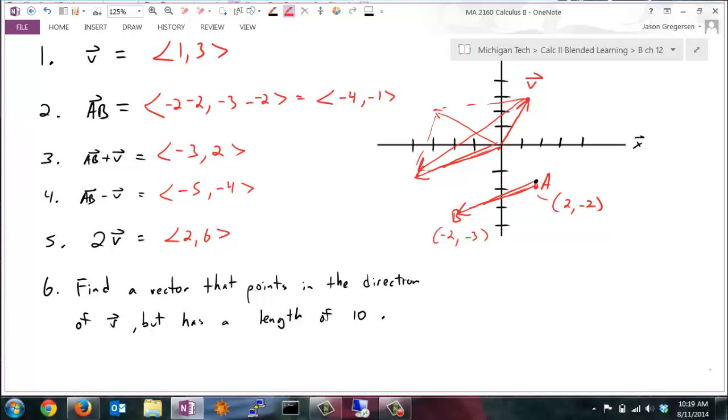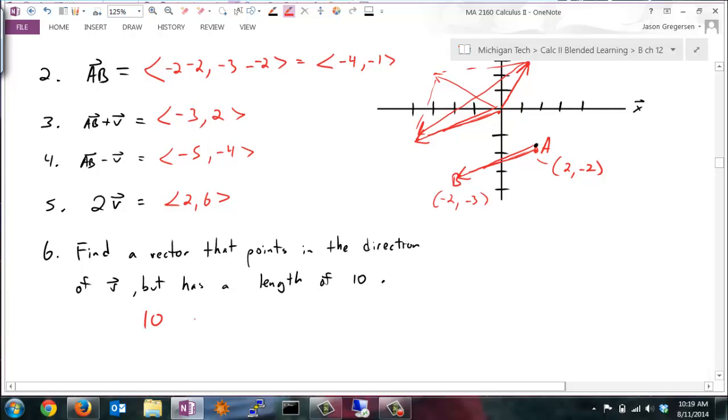The vector v might have a length of square root of 3, and I can't really multiply that by 10, so I go through the unit vector first. First I'll turn it into a unit vector, which has a length of 1. Then if I want it to have a length of 10, I just take 10 times that unit vector. That's one of the reasons the unit vector is so important. So this is going to be 10 times the vector v divided by its magnitude. So what is the magnitude of v?